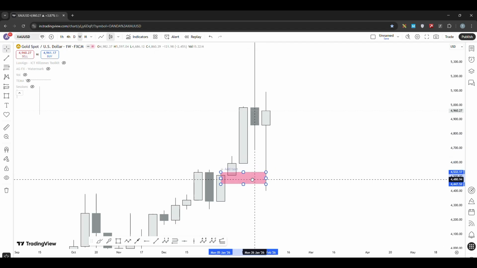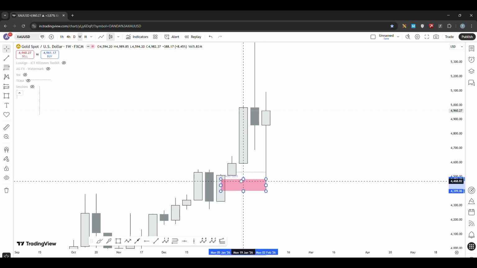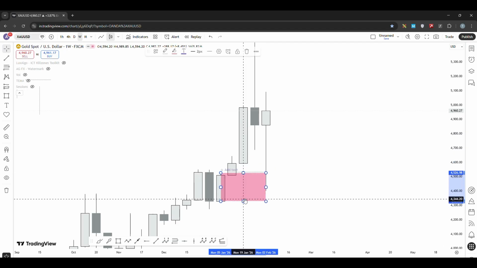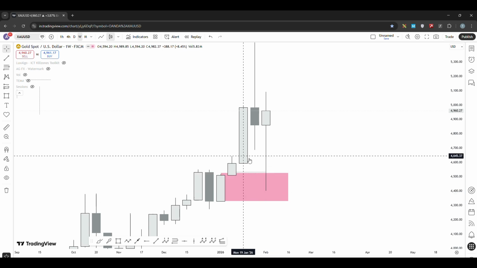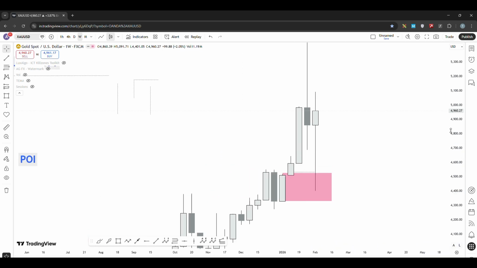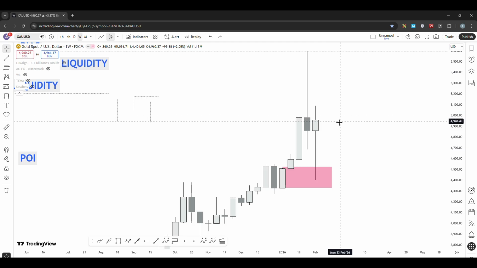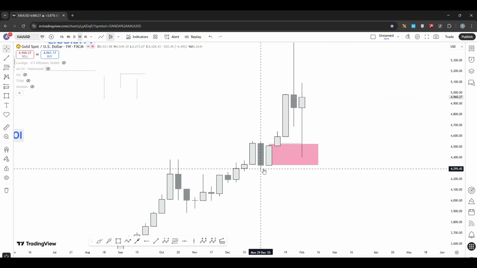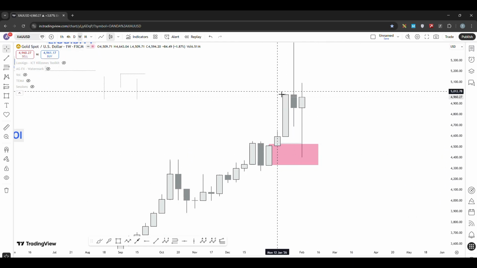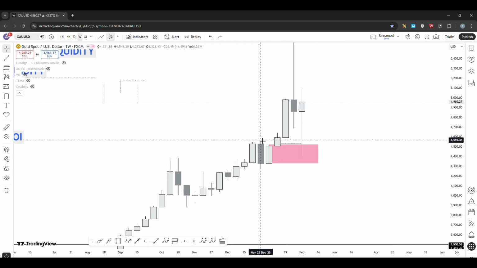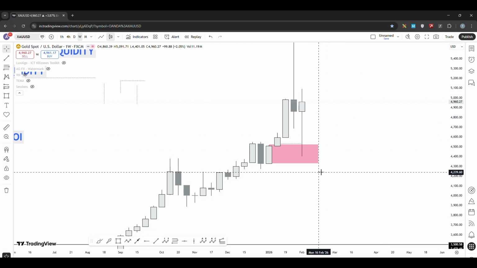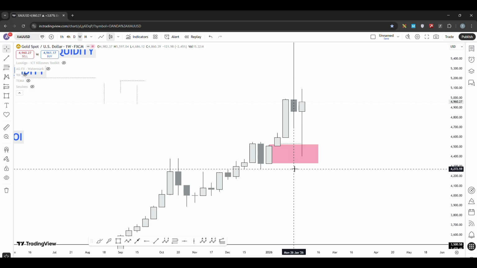If I take you to the weekly, then in the weekly, this is going to be our order block. So as long as market completely shifts its structure to the weekly time frame, you cannot say that market has reversed. For it to reverse, it needs to completely flip the structure till the weekly time frame.